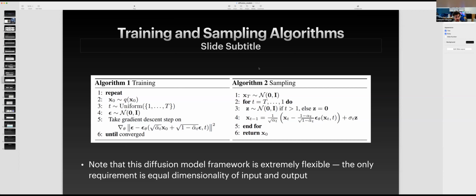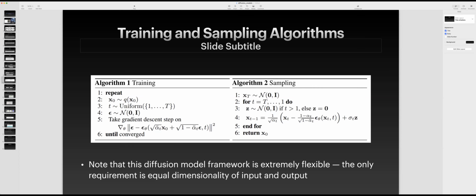But diffusion models have also been shown in a few papers to outperform GANs, VAEs, and other generative models in terms of the quality of the generation. Great, thank you so much.